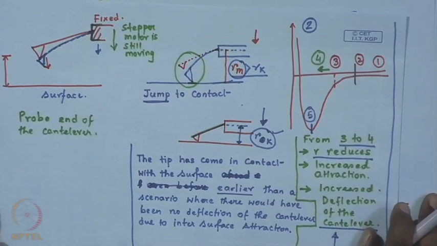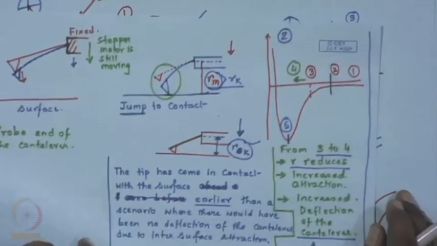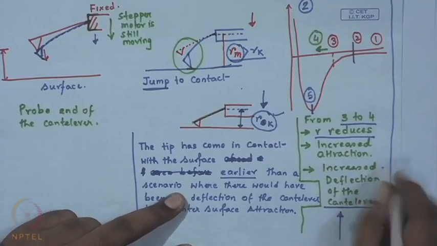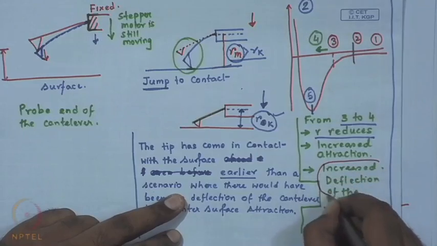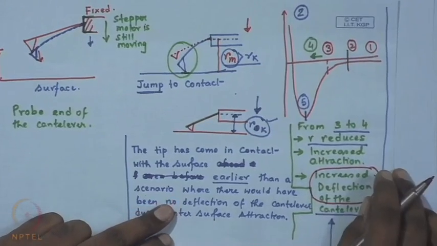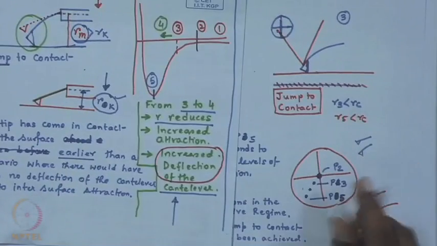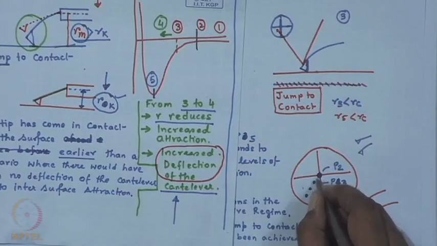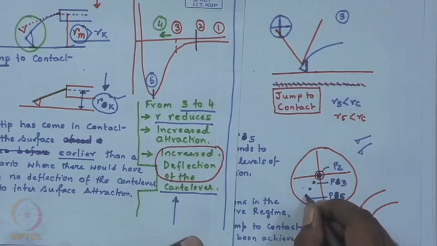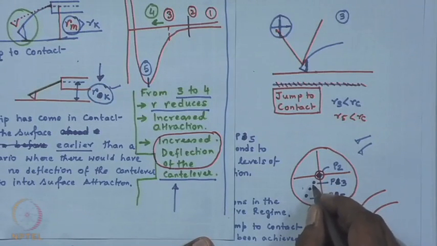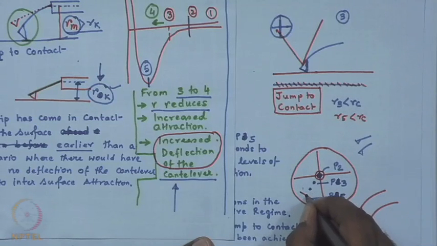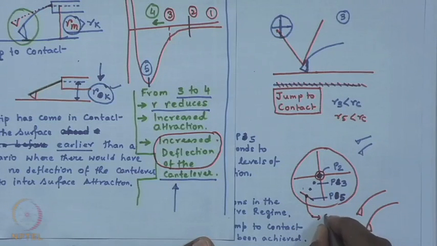This increase in the magnitude of the attractive interaction gets reflected as an increased deflection of the cantilever, and this increased deflection of the cantilever results in progressive or gradual shift of the laser spot from its aligned central location. One can also understand the maximum deviation will occur at the point it comes in contact.